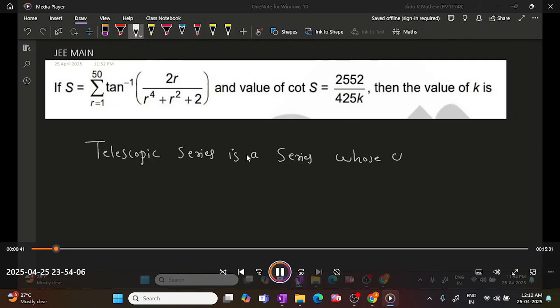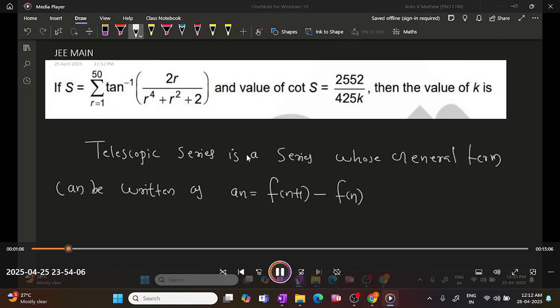whose general term can be written as f of n plus 1 minus f of n, or we can say f of n minus f of n plus 1.